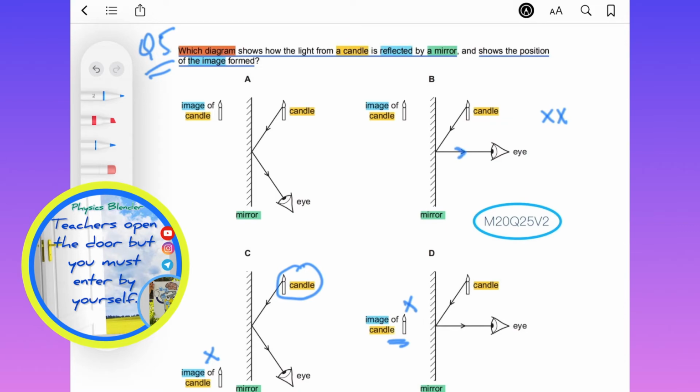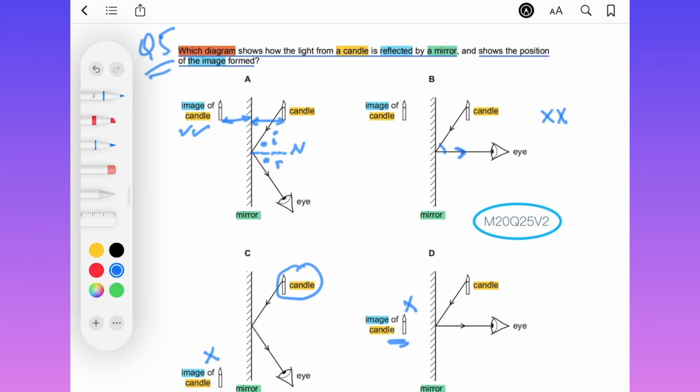So here the angle of reflection is 0, but the angle of incidence, you have a certain angle. So here at equal distance behind the mirror, you can find the image, and the angle of incidence is equal to the angle of reflection, which means the law of reflection is applied here. Okay, so the answer for this one is A.